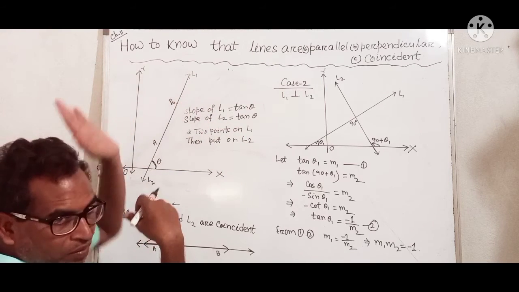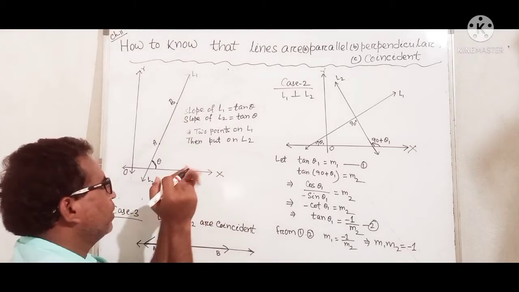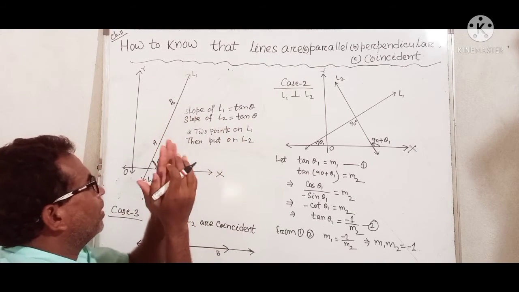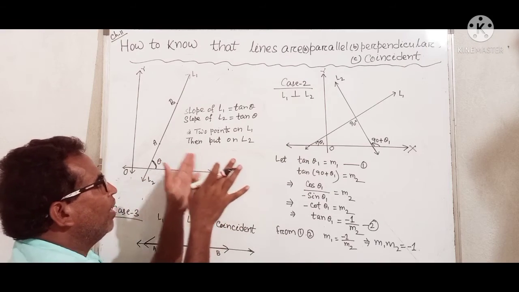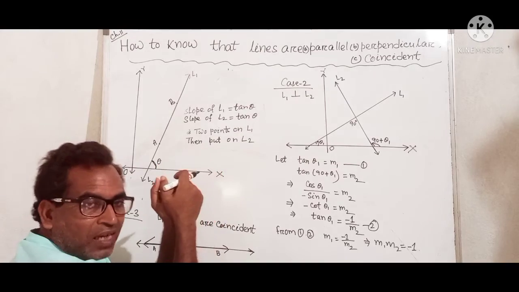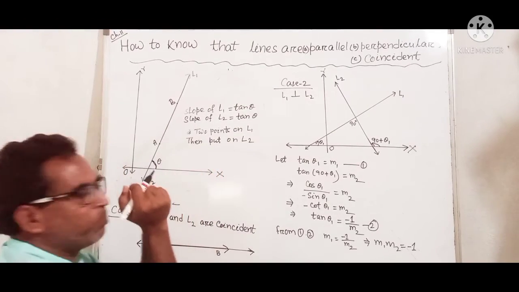If the coordinates of the 2 points satisfy the equation of L2, then we can say L1 and L2 are coincident. Understand? Very simple.